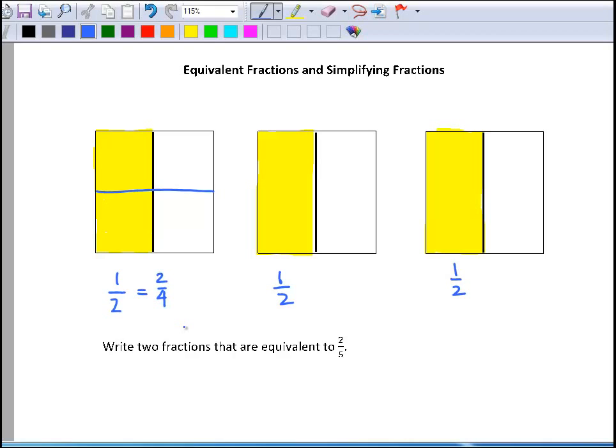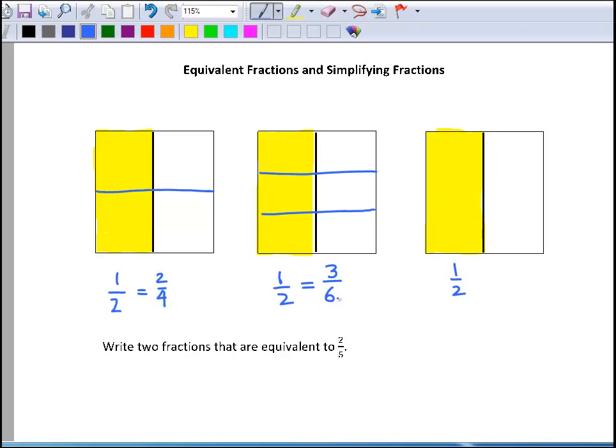Similarly, if I wanted to, I could add 2 horizontal lines equally spaced so that that 1/2 that was originally shaded yellow is still the same amount shaded yellow, but this time 3 out of 6 pieces are shaded. So 1/2 and 3/6 are equal fractions.